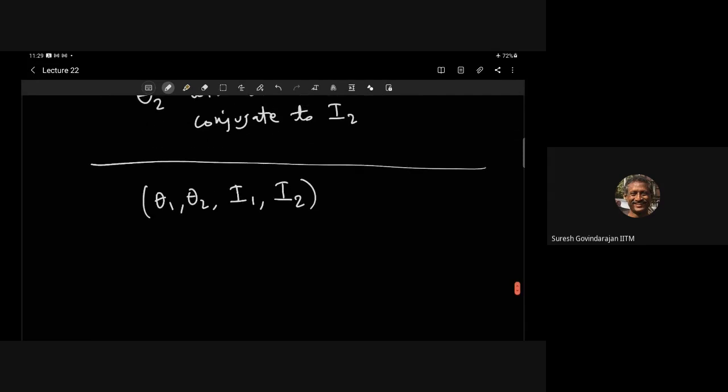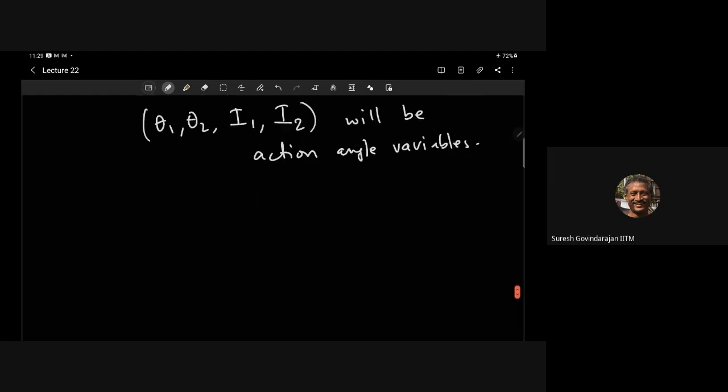What do I want to say? Yeah, so these will be action angle variables. But I just want to say something, which is the following. If you look at the Hamiltonian, it will now be a function of I1 and I2.